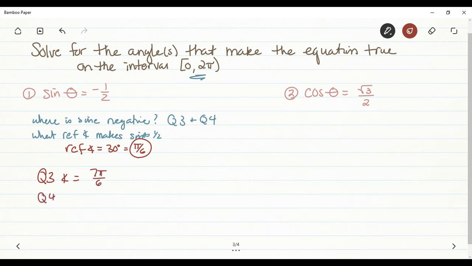Our quadrant 4 angle is then 11 pi over 6. Right, with the reference angle, again, we're adding to pi and subtracting from 2 pi. So here our final answer for theta is equal to 7 pi over 6 and 11 pi over 6.